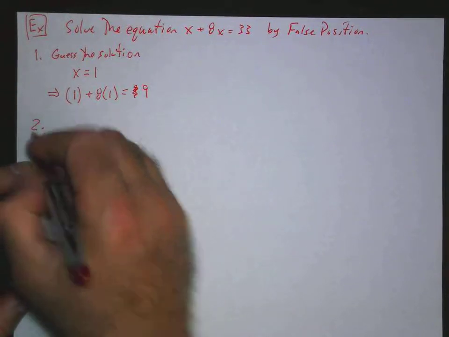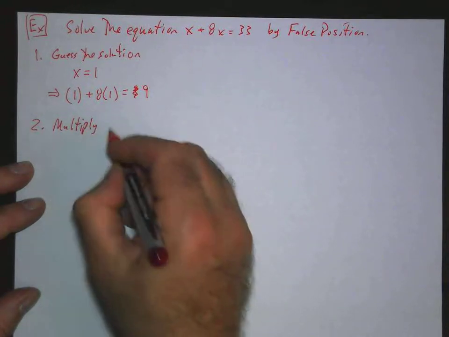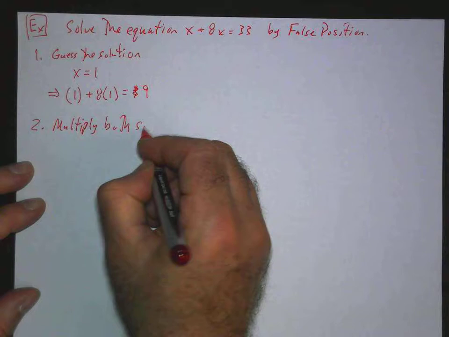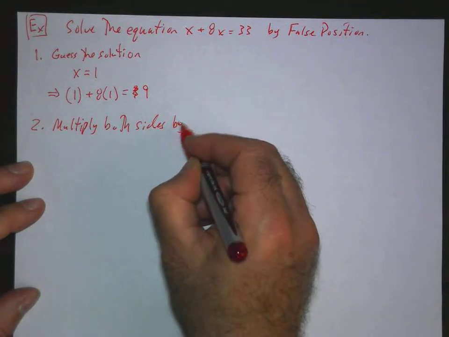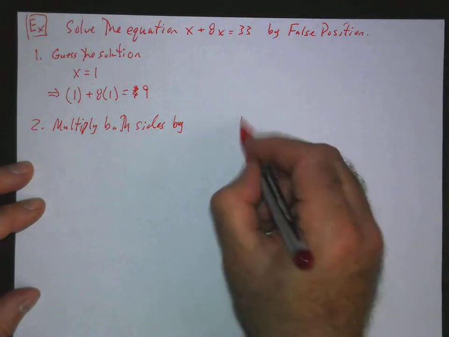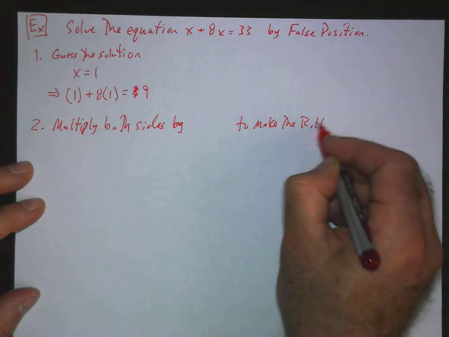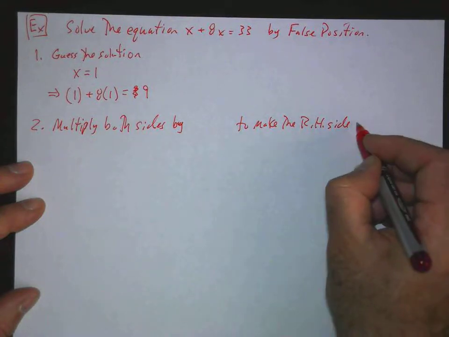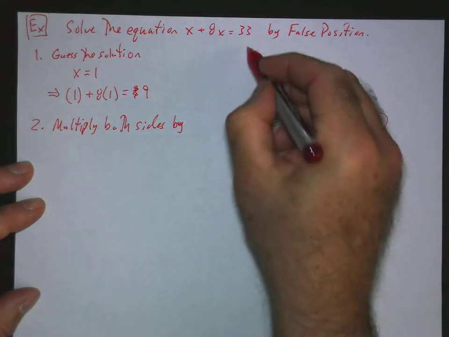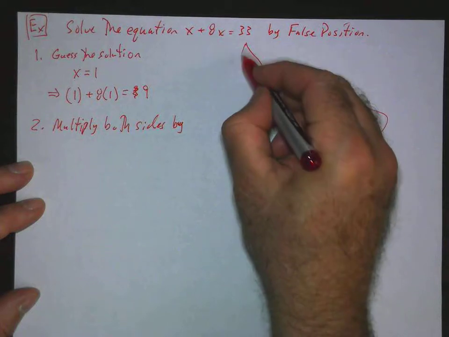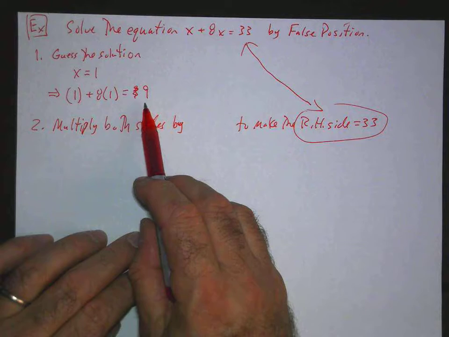So multiply both sides by, what? To make the right-hand side equal 33. Well, the right-hand side is 9.